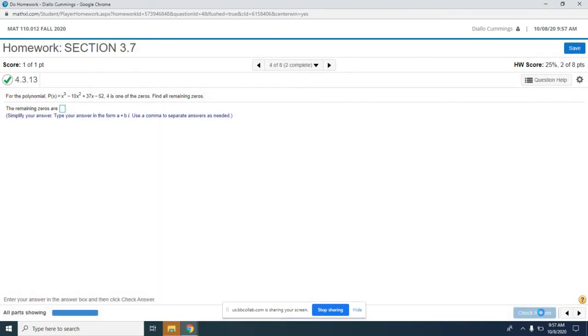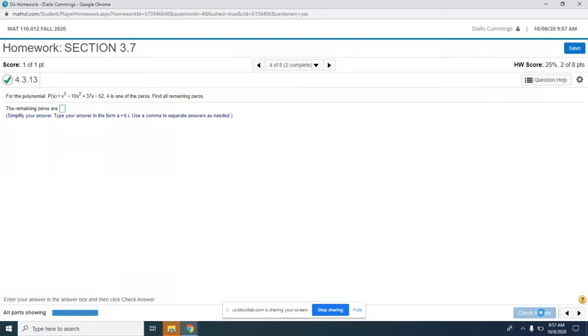Here we're given a problem and it says for the polynomial x cubed minus 10x squared plus 37x minus 4. We're given a cubic equation.